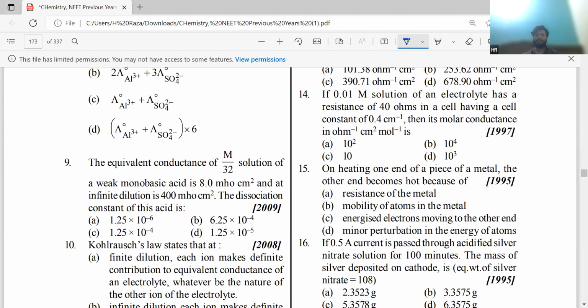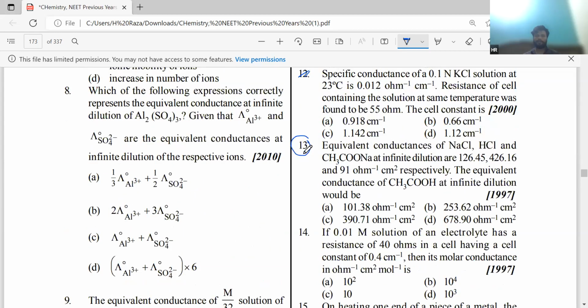So this question number 13 is for your homework. Please take a screenshot of this and this, and also for this, and also for this. These 4 questions are homework. Please take a screenshot and let me know.